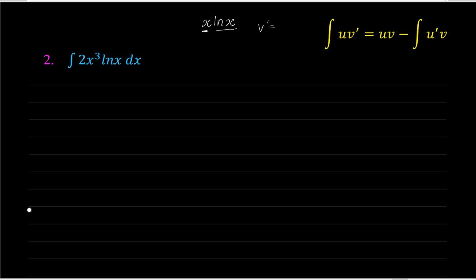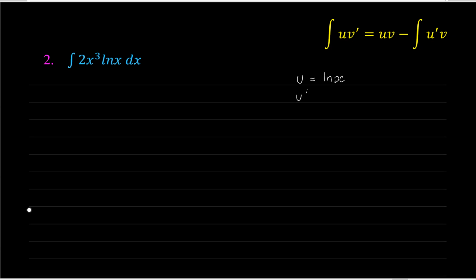So that's a bit of an example of where it's not always going to be, oh, let's just let the first function be u. In this case, because we cannot integrate ln x, that means it has to be our u function, because we can differentiate that.